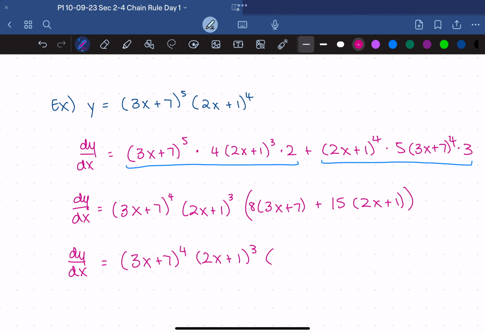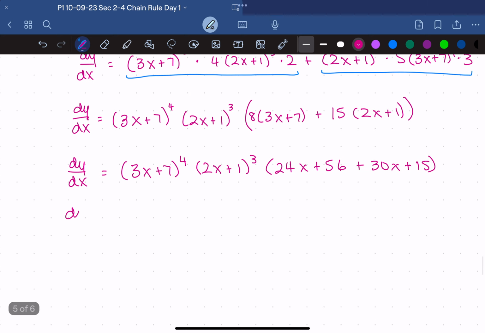And now I'm just going to distribute and try to combine like terms here. I'm going to have a 24x plus 56 plus 30x plus 15, and combine my like terms.